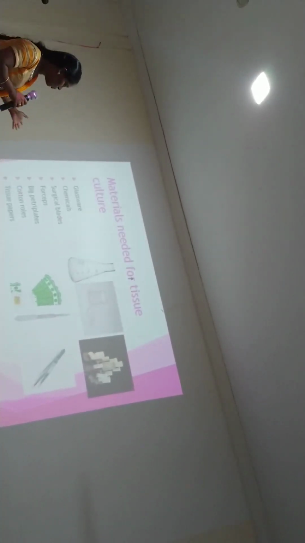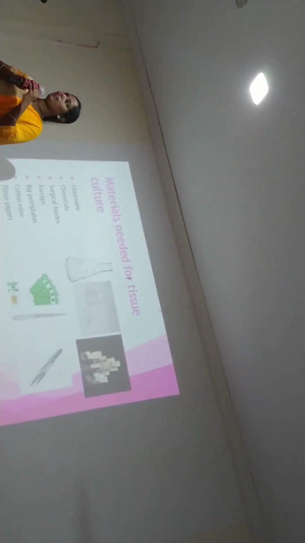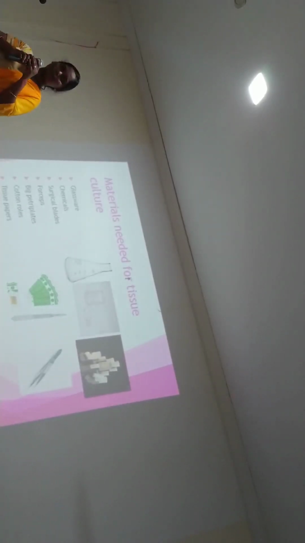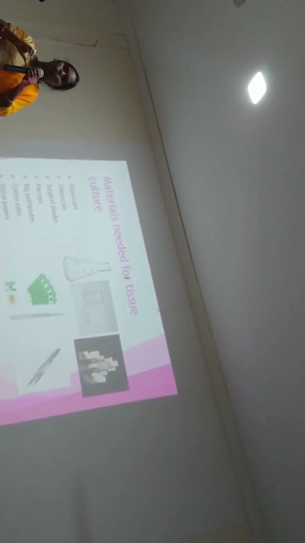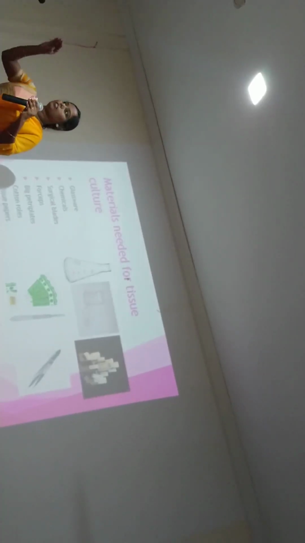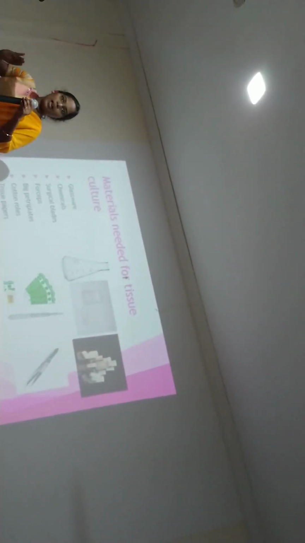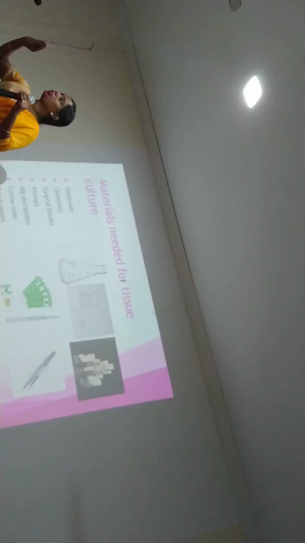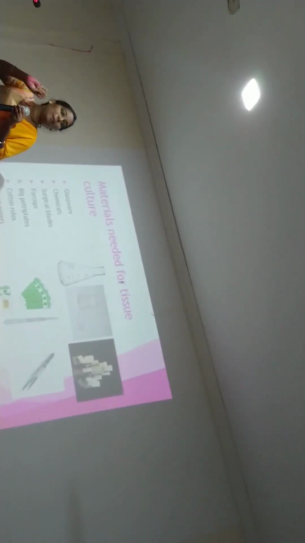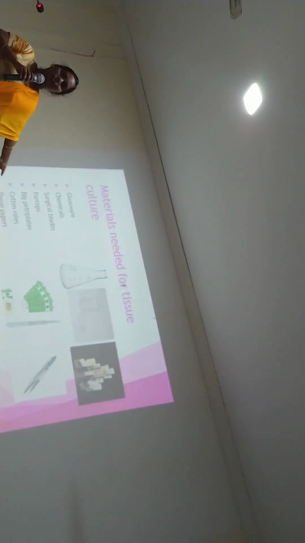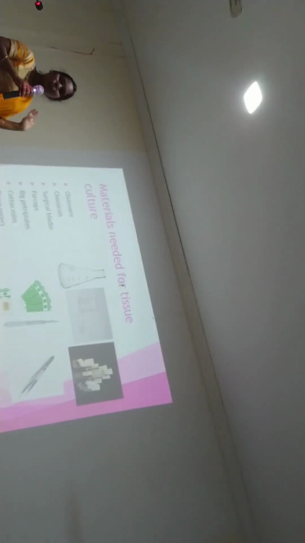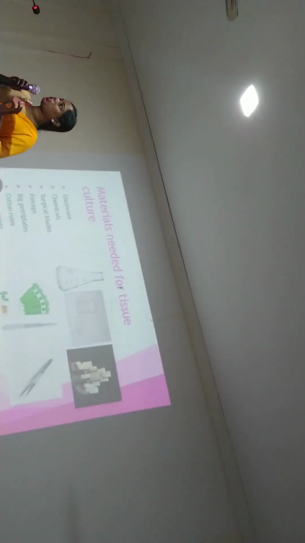Next one, cotton rolls. Why did I tell you cotton rolls? To wipe the laminar air flow and to wipe all the instruments which we are using inside the laminar air flow. So we need cotton. Now, tissue papers. Why did I mention tissue papers?